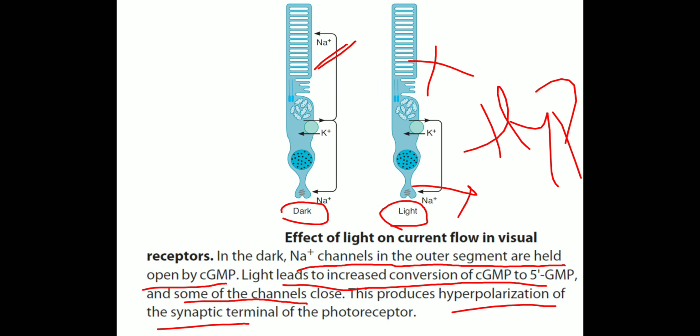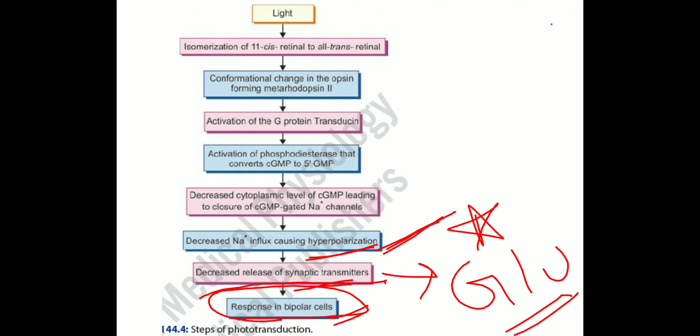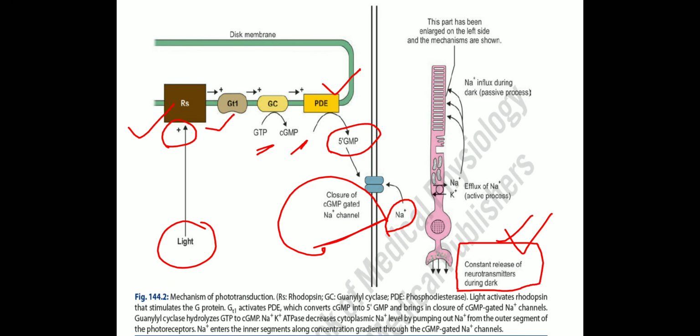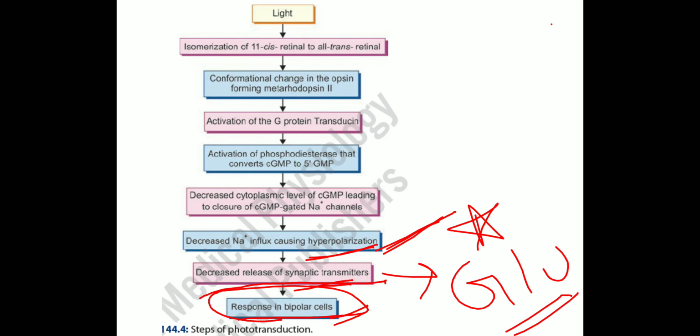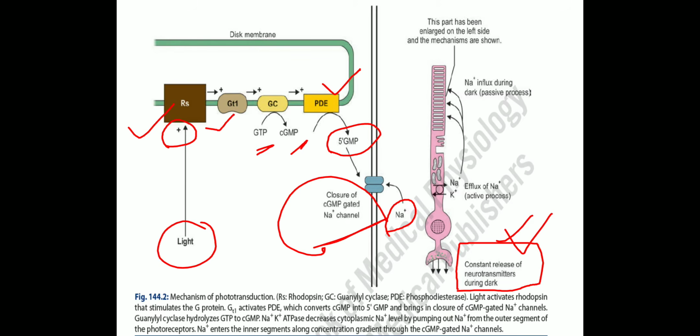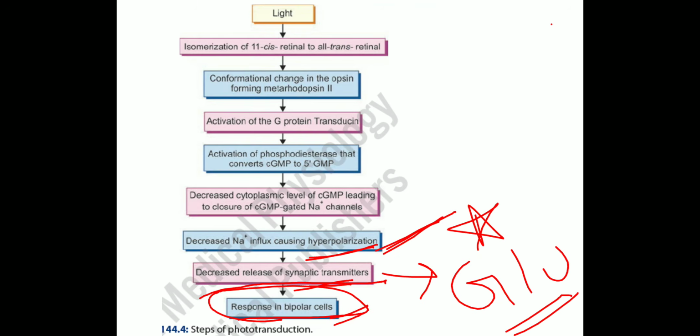So this is how phototransduction takes place. The most important thing here is the flowchart, the diagram. This diagram has been explained very beautifully in this flowchart. If a question is asked on phototransduction, then you can draw this diagram and this flowchart, and you will get full marks.